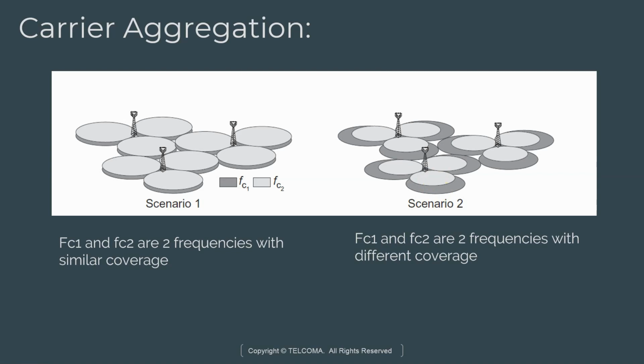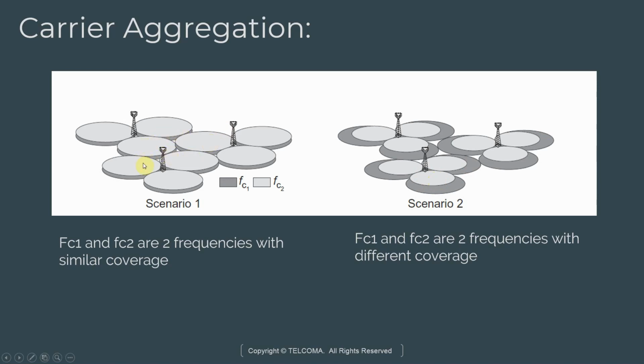So say FC2 is a high band frequency spectrum, say 2100 megahertz, whereas FC1 is more like 800 megahertz. So obviously we know that 2100 megahertz doesn't propagate that far. The path loss is higher. So in that case, the coverage from AWS or 2100 megahertz would be less. So this is that kind of setup.